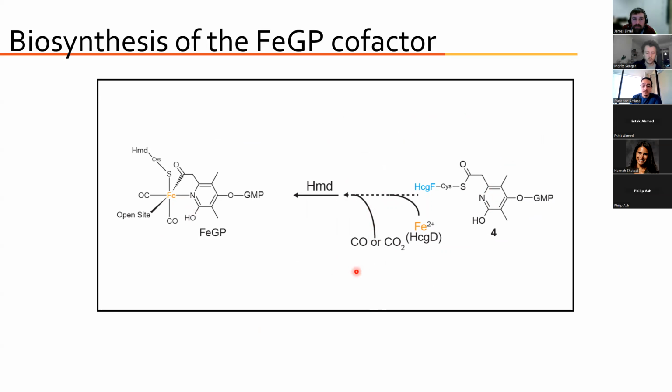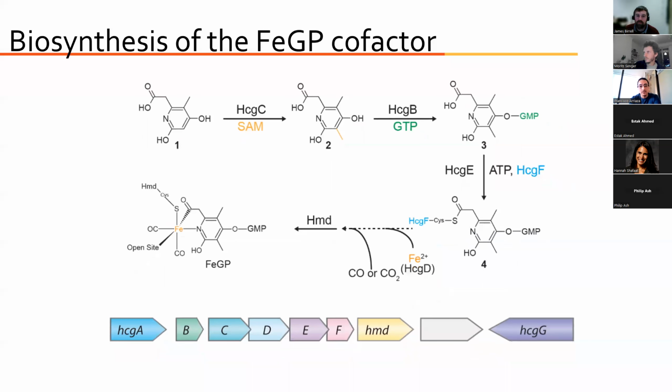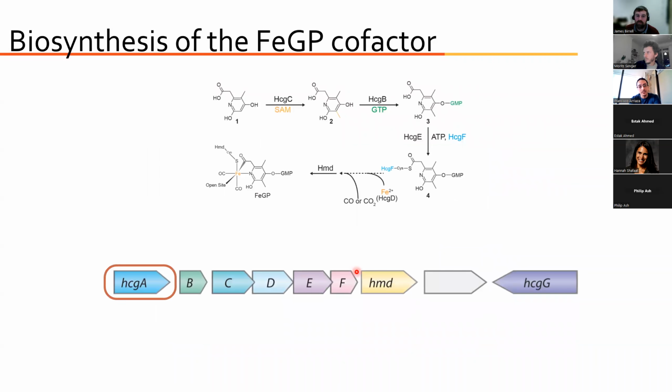We know by a labeling experiment that it can come from either CO or CO2, but we're still not sure why. This is how the pathway looks, but if you pay close attention, you will see that there are 2 enzymes from the 7 missing, which are HcgA and HcgG. These 2 I will talk about today, and I will show you what we have learned from them.